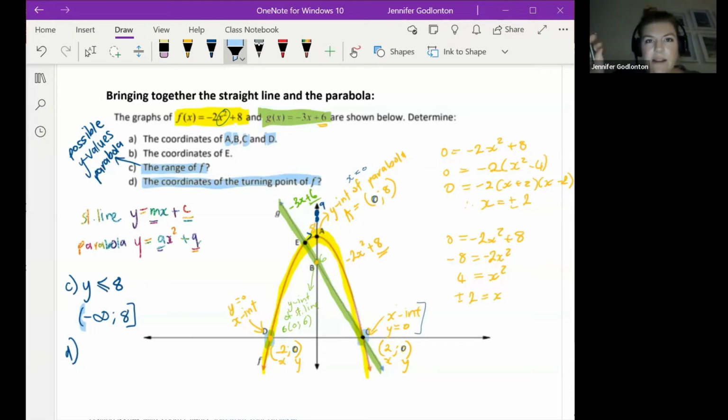So whenever there's an infinity sign, you'll always have a curved bracket. And the square is saying that I'm including it. So it means that there's an equal sign. So if this looked like this, y needs to be less than 8, it would be a curved bracket. And then it would be another curved bracket because I'm not including the 8. It's not also equal. Thank you so much, ma'am. Sure, no problem.